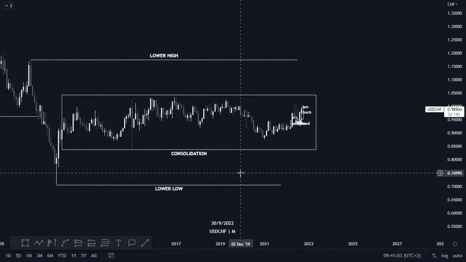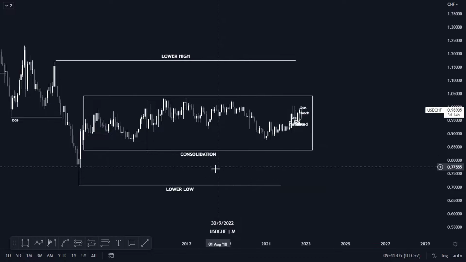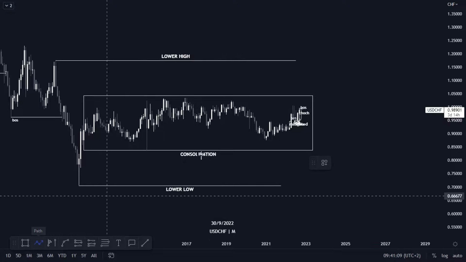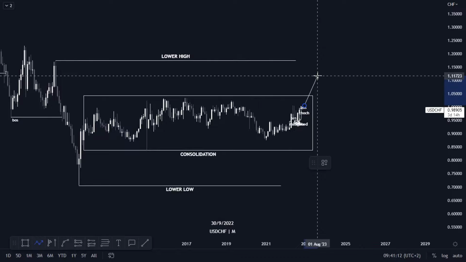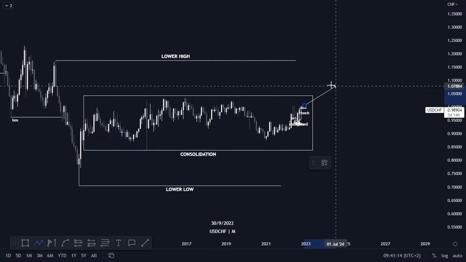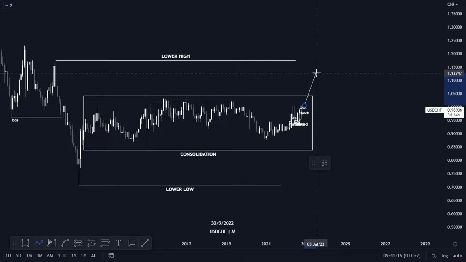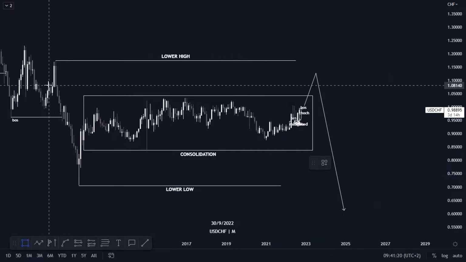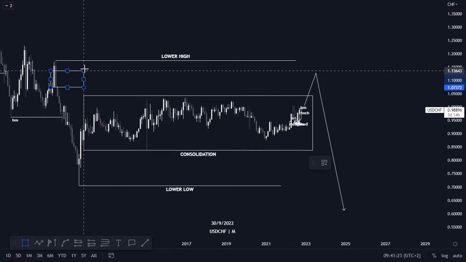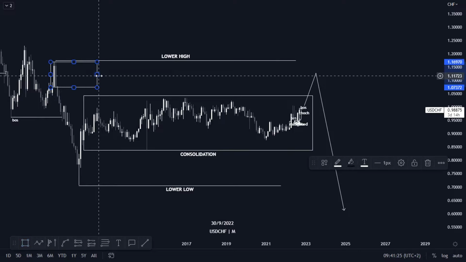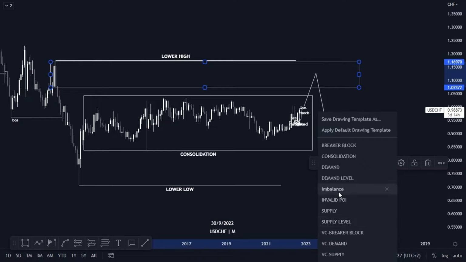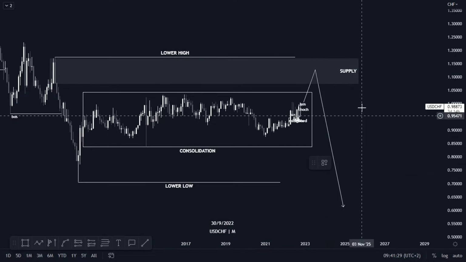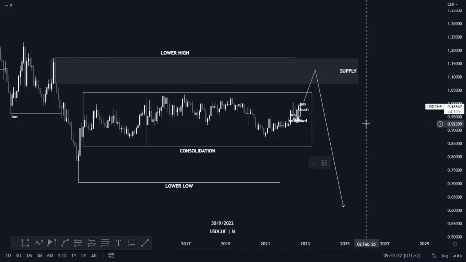So now what we are going to expect from USD CHF is breaking this consolidation phase here, pushing to the upside, and then pushing to the downside, mitigating an order block here, or a supply area. So that is what we are expecting from USD CHF from the monthly chart.